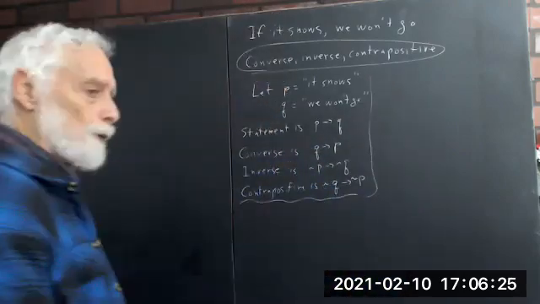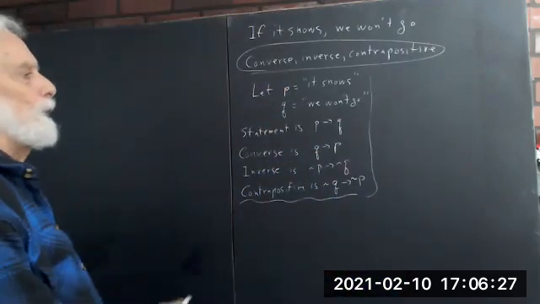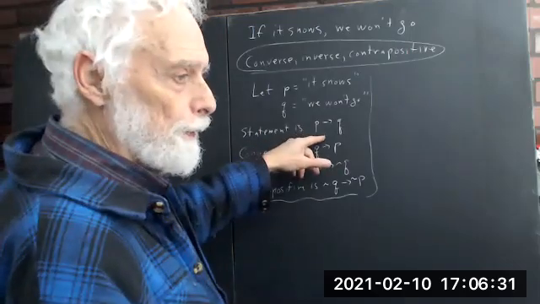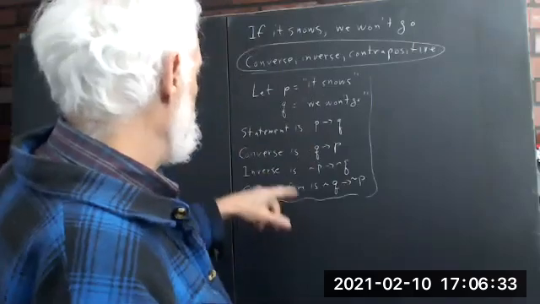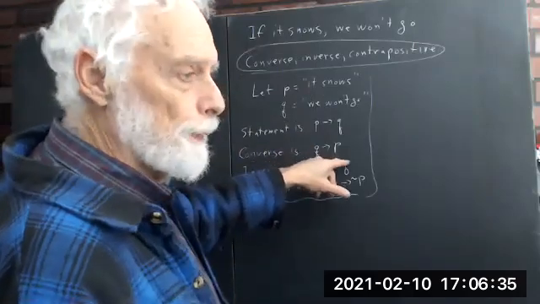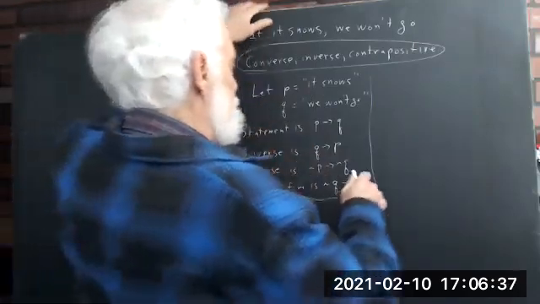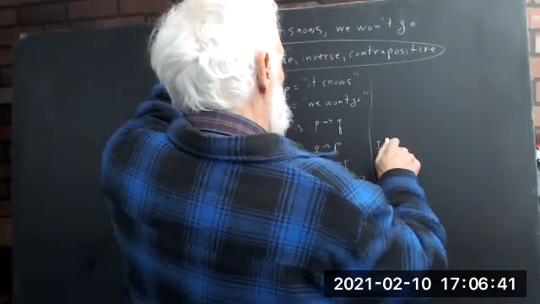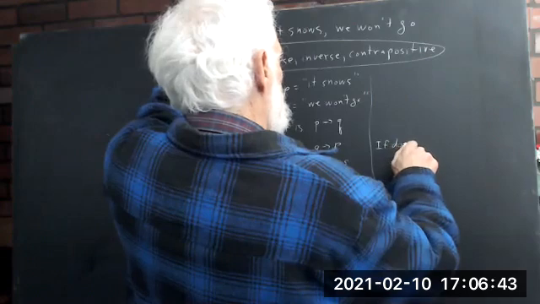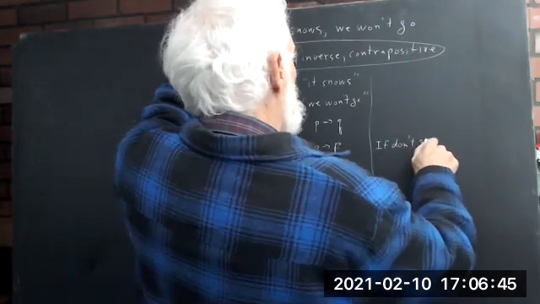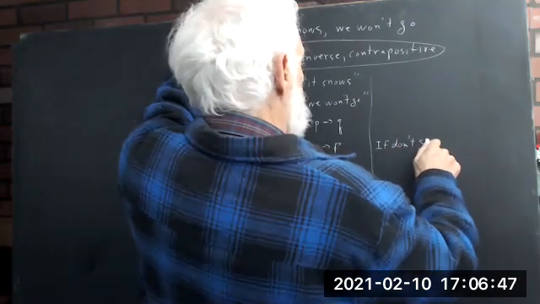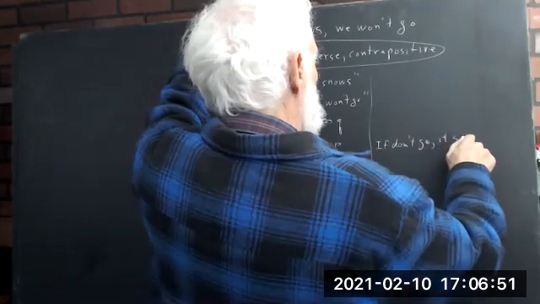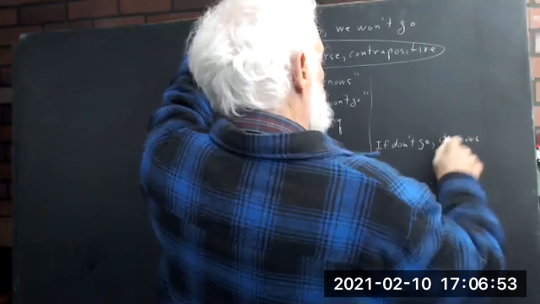Now we can do truth tables, and then we write out the statements. Okay. So the statement is if P, then Q. Well, that's our original statement. The converse is if Q, then P. And this says, abbreviating it someplace, if we don't go, it snows.